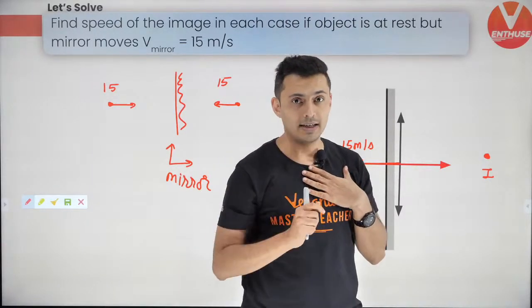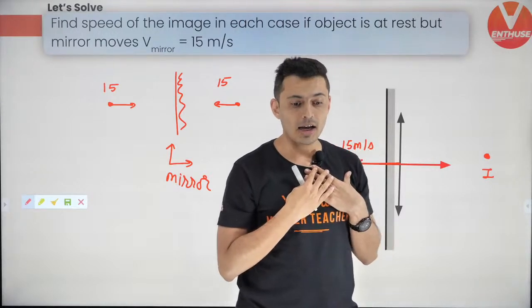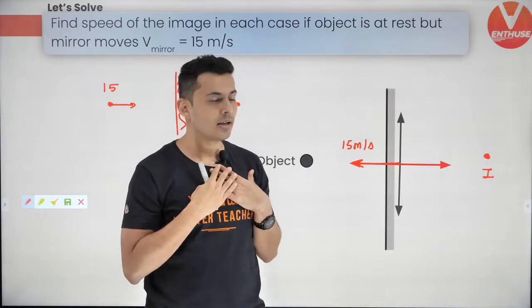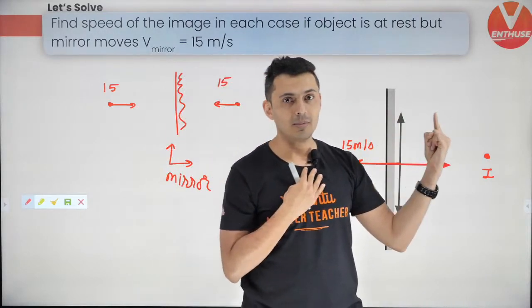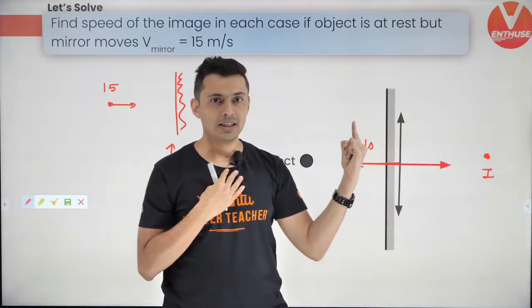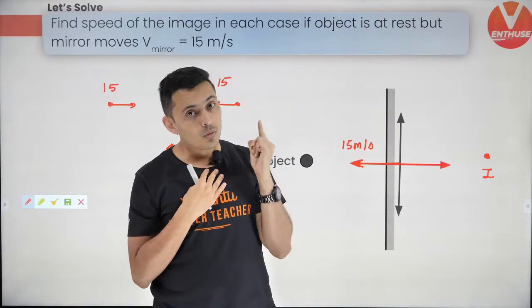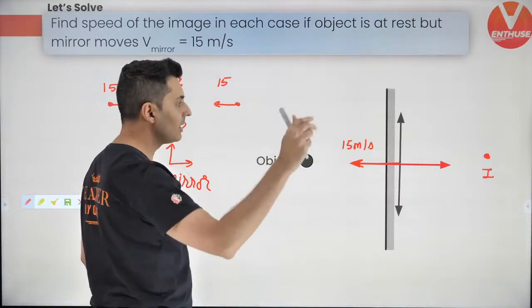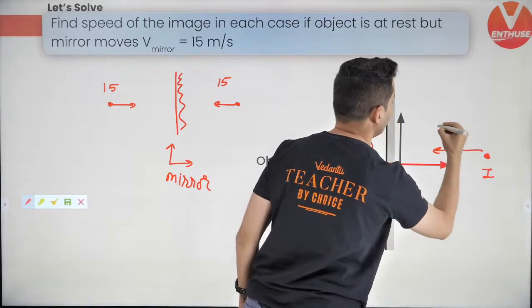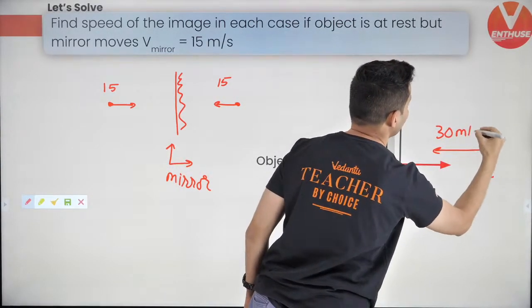For you guys, you are at rest. I am the mirror. I move 15 meters in 1 second. For me, this image moves 15 meters in 1 second. So as I moved 15 meters, the image also moved 15 meters with respect to me. So totally it has moved 30 meters. So the actual speed of image will be 30 meters per second.